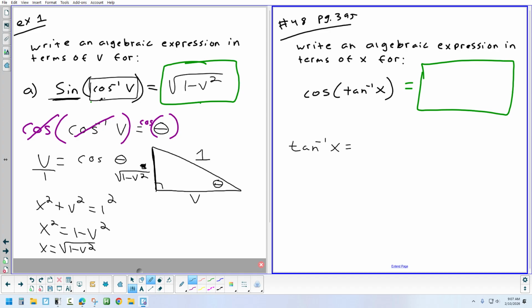Yep, it's inverse trig. And when you do inverse trig, the answer is always an angle. It's always the answer to an inverse trig problem.